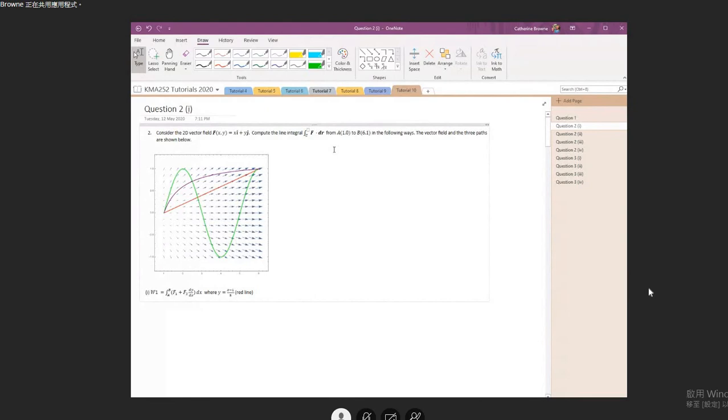So I've got 3 lines from points A, which is at 1, 0, and so this is A here, and this is B at 6, 1. And I'm going to compute that line integral 3 times, taking different paths each time.